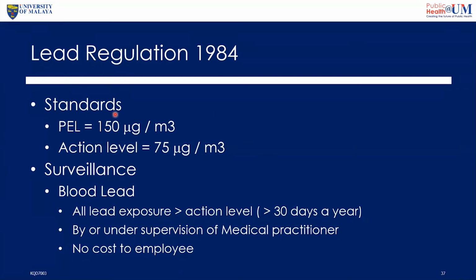The difference between permissible exposure limit and action level is that when the chemical or substance is at the action level, you need to take action. You need to start the preventive measures. PEL means that the maximum level that a person can be exposed to is your PEL, permissible exposure limit. Beyond that, you're not supposed to be exposed to that level.